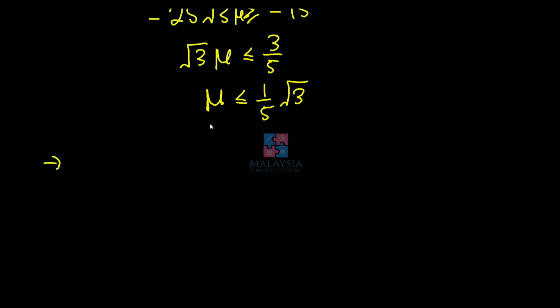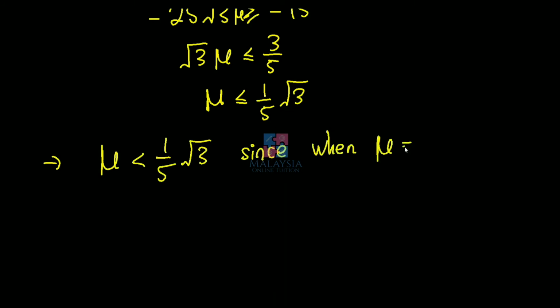Since we want it to begin to move, we cannot equate that to 1 over 5 root 3, so that is the explanation. So we still get the correct value here. So finally, our mu will be less than 1 over 5 root 3, since when mu equals 1 over 5 root 3, it is still not moving.